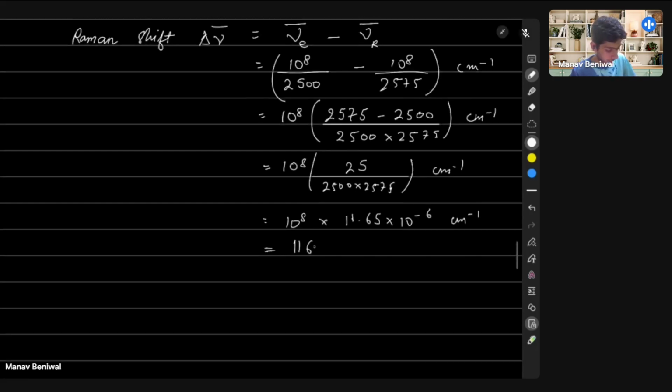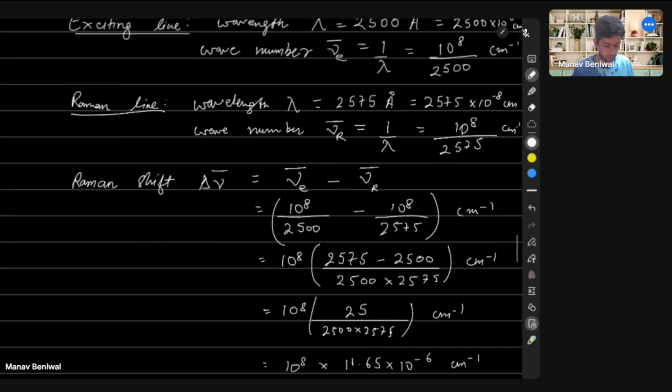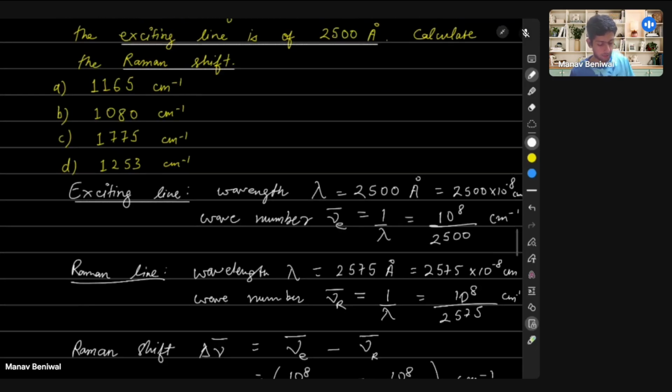So we can write it as 1165 per centimeter. Therefore, the Raman shift is 1165 per centimeter, which is option A.